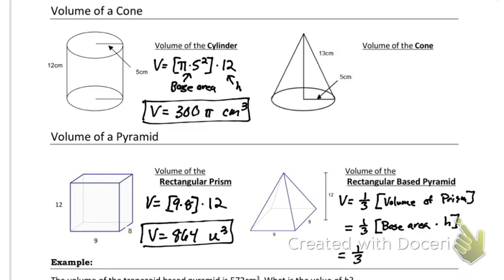Well, in this case, we said our base area is going to be 9 times 8 times our height, which is 12. Realistically, we already calculated, so it's 1/3 of that 864. What does that come out to? Yeah, 288. Units cubed, yep.